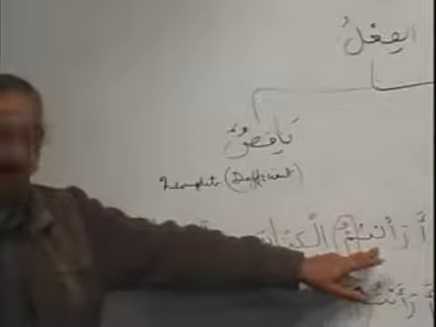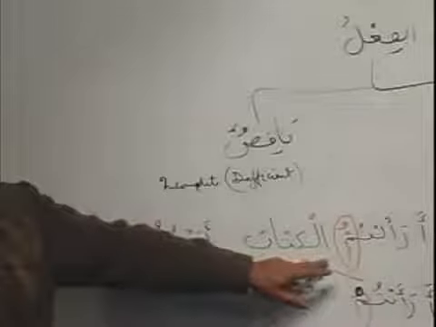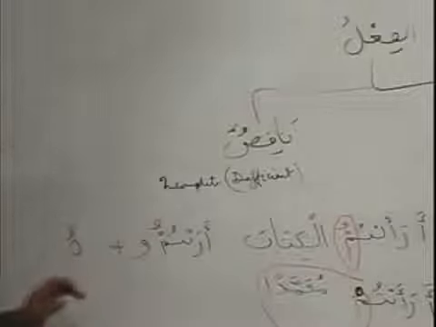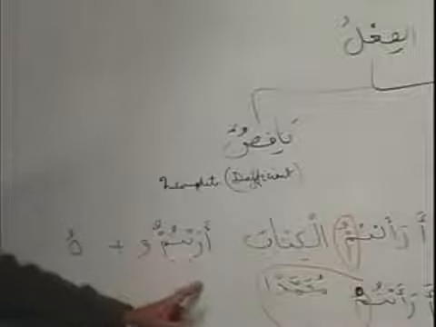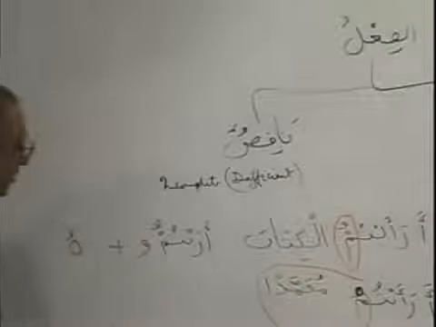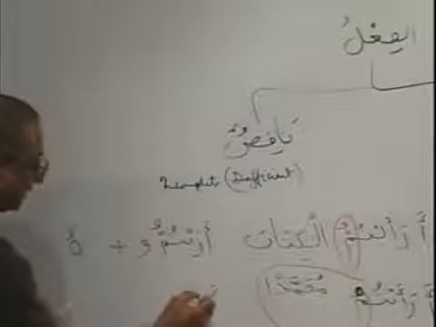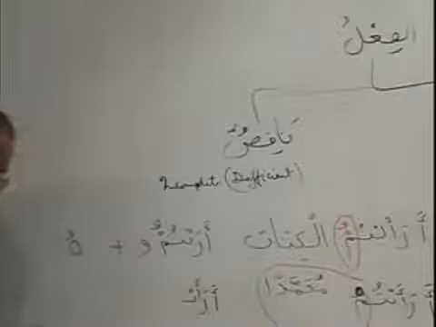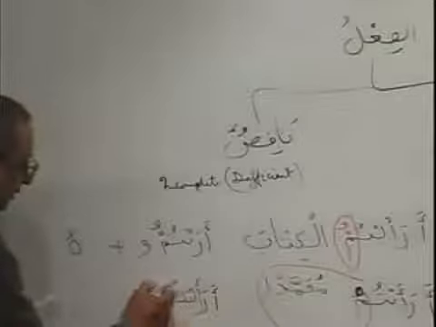Ra'aytum, then a noun came with al, and I put only dhamma. But if I have a pronoun coming as a maf'ulun bihi with ra'aytum, then I will change it. Ra'aytu... now this is what will happen.